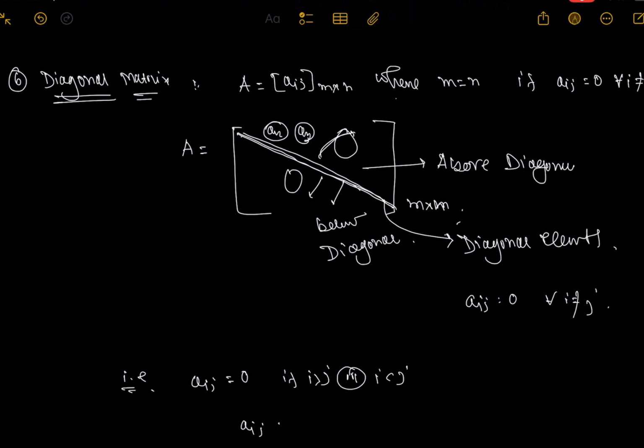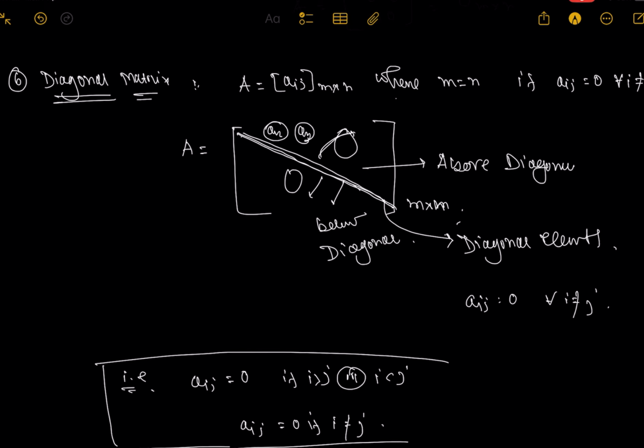Or also you can say Aij equals 0 if i not equal to j. This is the given criteria for a diagonal matrix. You should remember that for the diagonal elements there is no restriction. Got it?